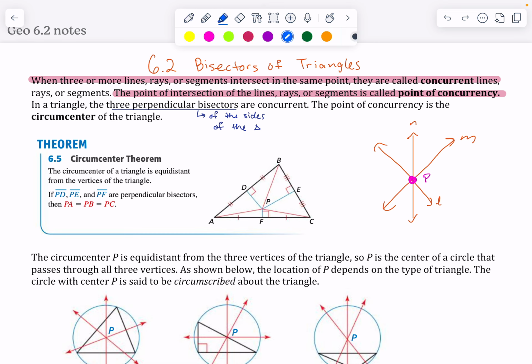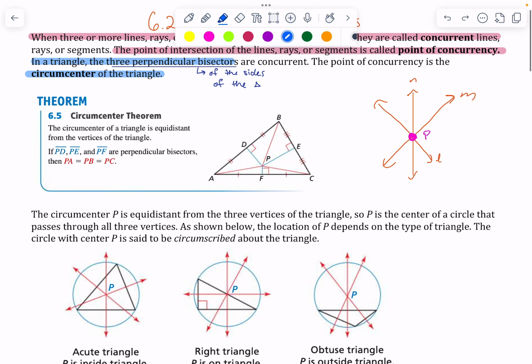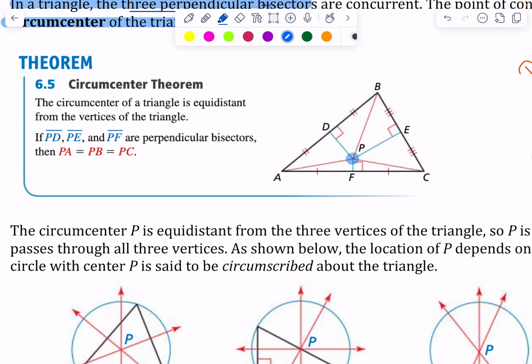Okay, so if in a triangle you draw the three perpendicular bisectors of the sides of the triangle, where they meet is called the circumcenter of the triangle, and that is illustrated in this diagram. So here, point P is where the perpendicular bisectors of each side meet. So point P would be the circumcenter, and the circumcenter theorem says that that point, P, the circumcenter, is equidistant, is equal and distant from the vertices of the triangle.